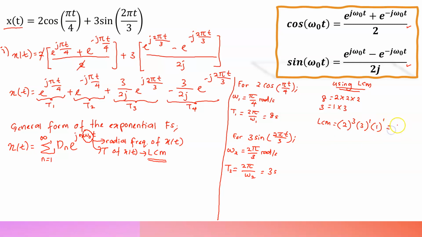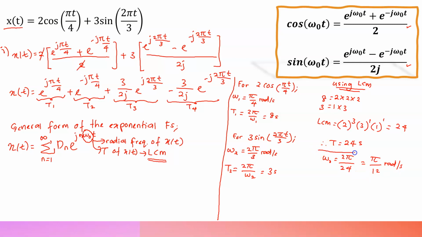So this is equivalent to 24. So the period of x(t) is 24 seconds. So ω0, which is the radial frequency of x(t), is 2π/24, which is π/12 radian per second.